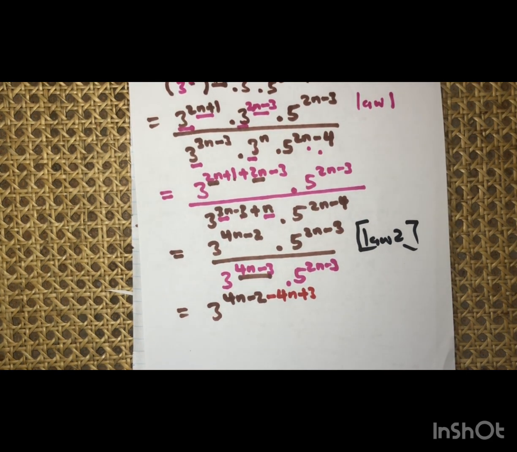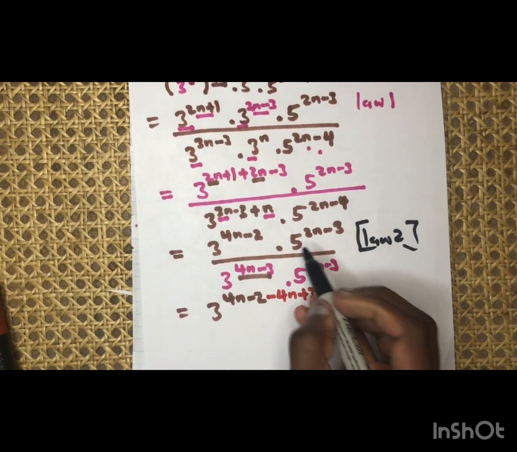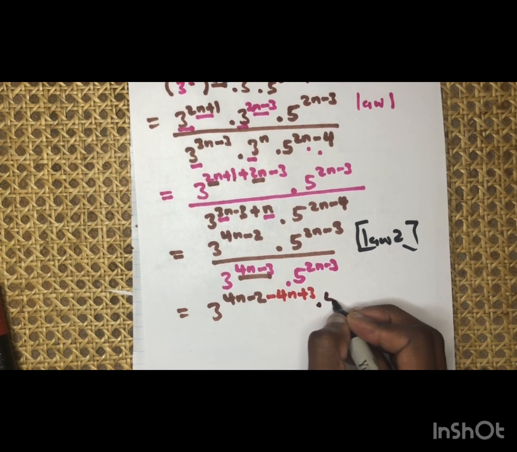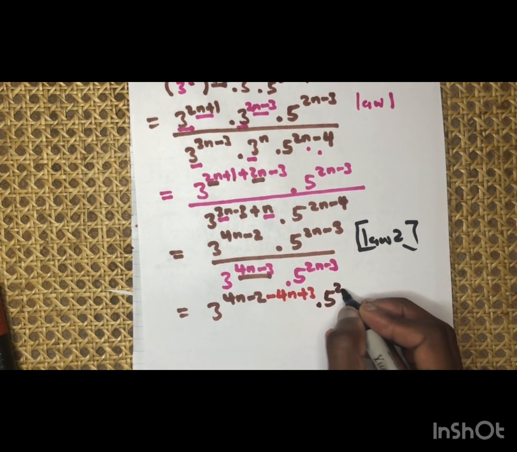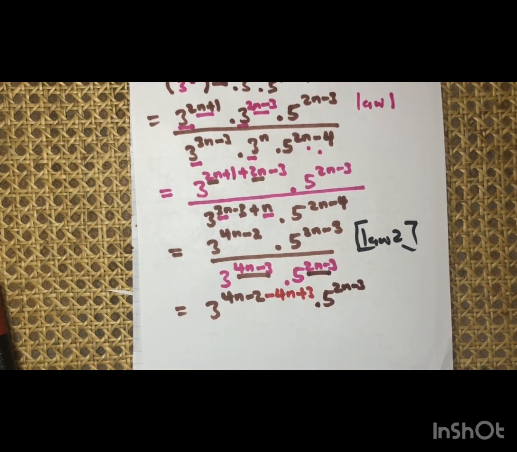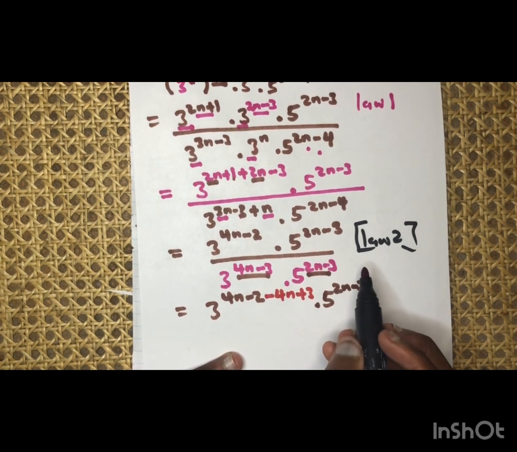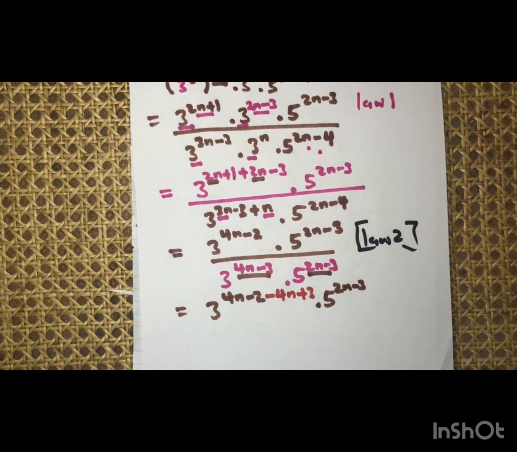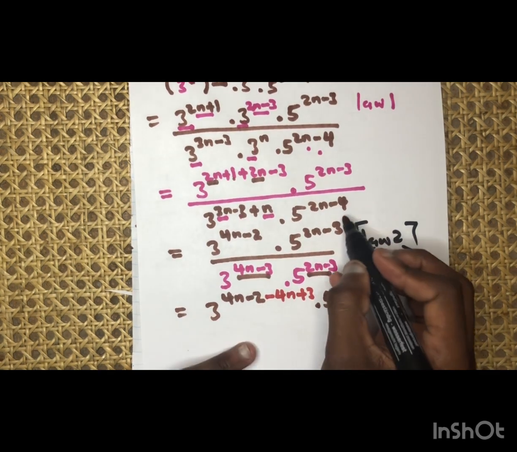Then we go to 5. As you can see, guys, we have this base. I'm going to take it. So we have this exponent. The exponents of the numerator are not going to change. So I'm taking this exponent. Remember, we have 5 to the power 2n minus 3. So this is not minus 3, actually it was 4.